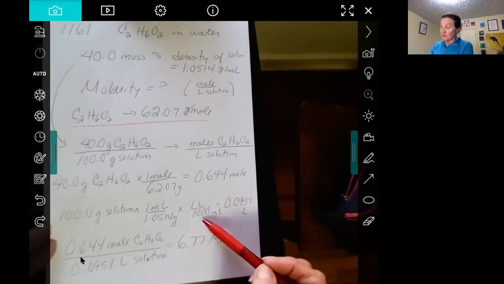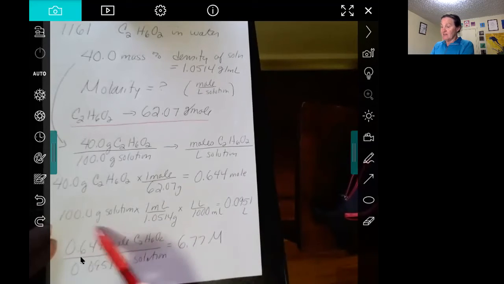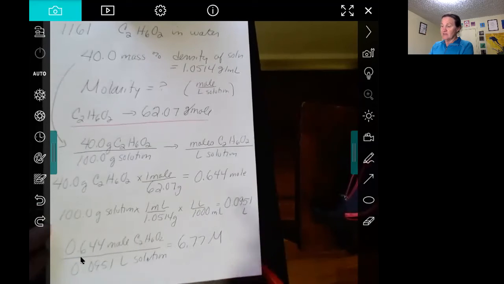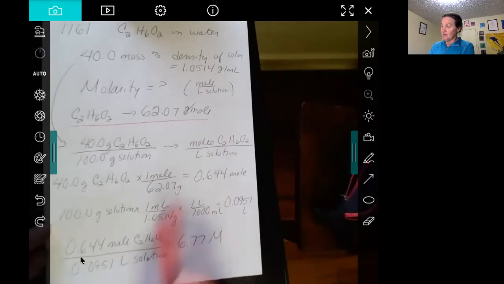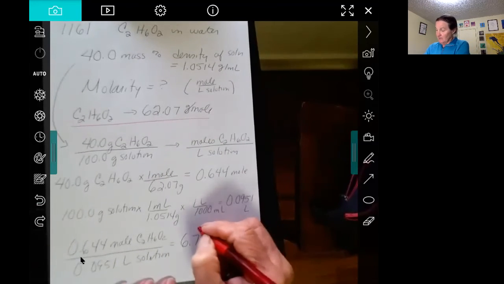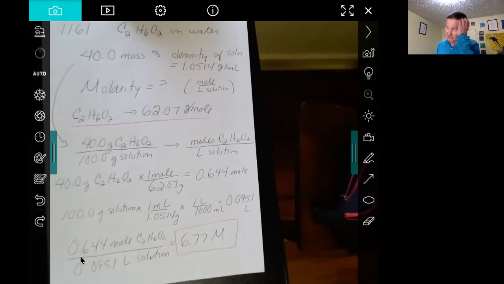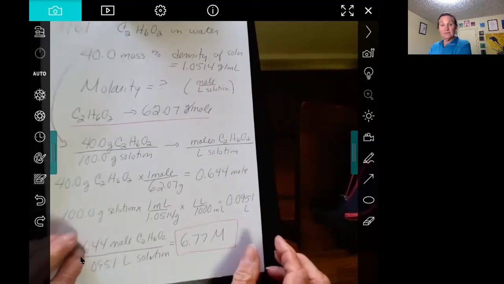And if I convert that to liters, this 100 grams of solution will be 0.0951 liters of solution. So then I'm ready just to do the division. Here's my moles of ethylene glycol, here's the volume of solution it was present in, and so the concentration is 6.77 capital M, molarity.